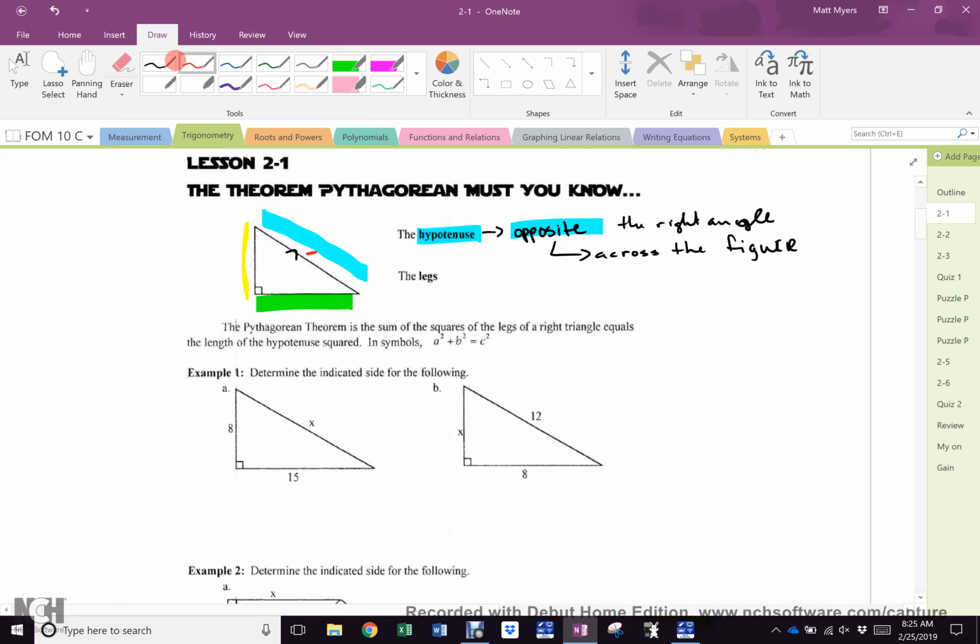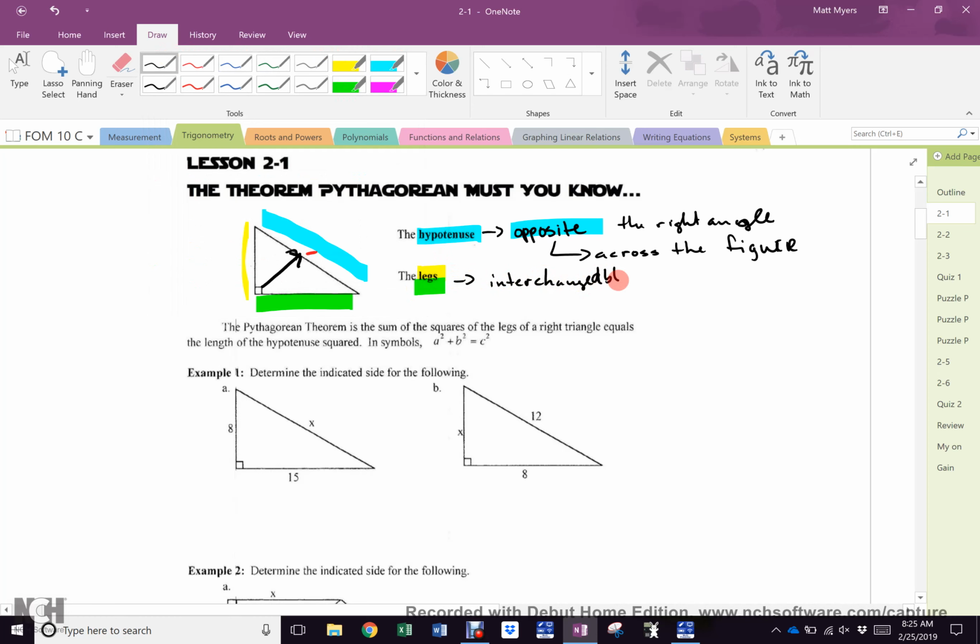All right. So, it's across. The legs are the yellow and the green. And they are interchangeable. And you already know this.